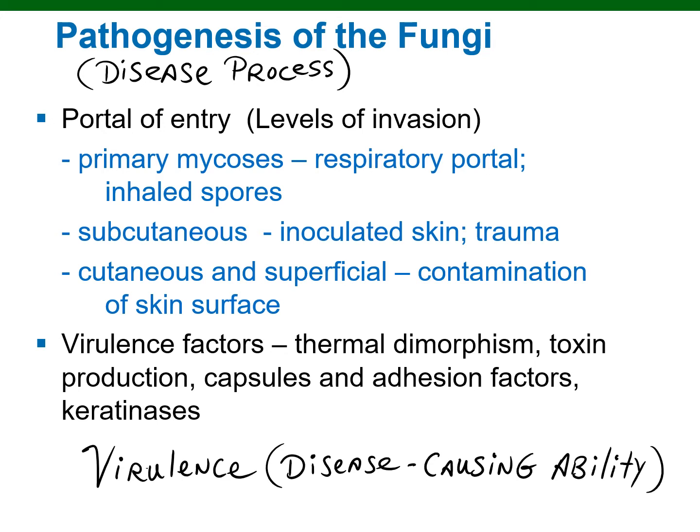Also, capsules, which we talk about in bacteria mostly, can also be present on yeasts, which are some unicellular fungal pathogens, and also adhesion factors are basically ways in which fungi can stick to various tissues.